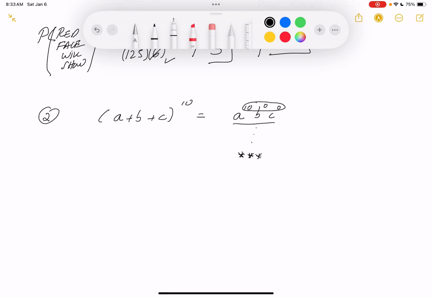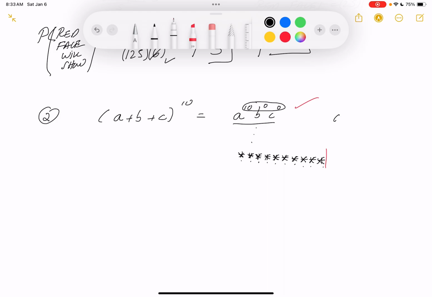1, 2, 3, 4, 5, 6, 7, 8, 9, 10. Let me see if I counted it right. 1, 2, 3, 4, 5, 6, 7, 8, 9, 10. Now, if I were to partition this one with this first one, I would say, oh, it's just 10 A's. But you know what? I could put another combination down.